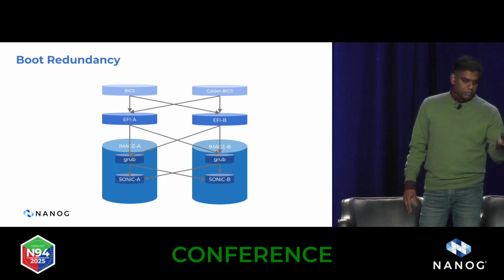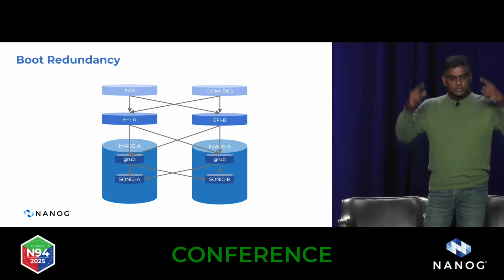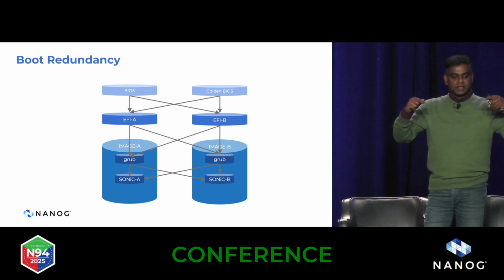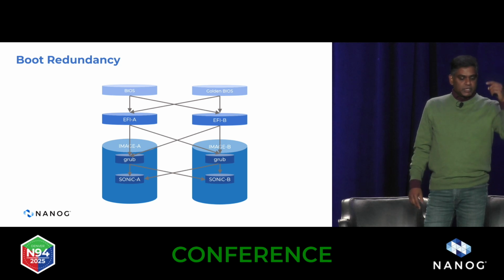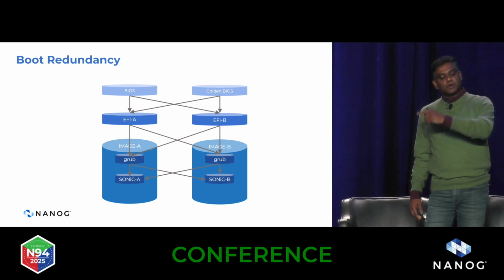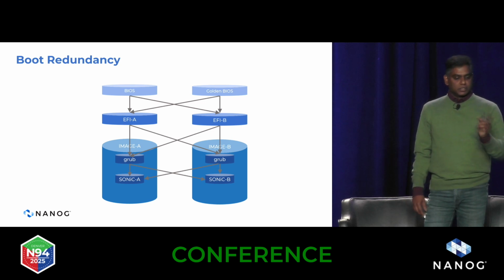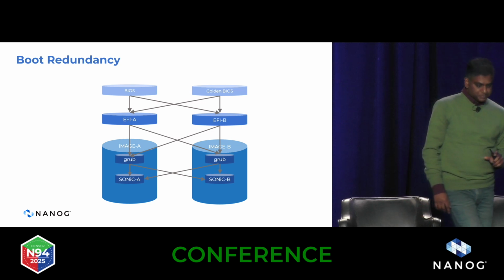And then again, obviously, there are SONiC partitions as well. So the vertical down arrows are the primary paths that are taken, right? And if any of those vertical down arrows fails to figure out the next partition that needs to be used, it automatically falls back to the redundant partition on the other side, essentially.